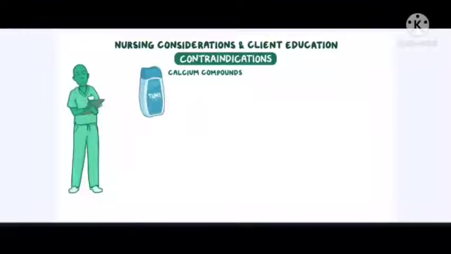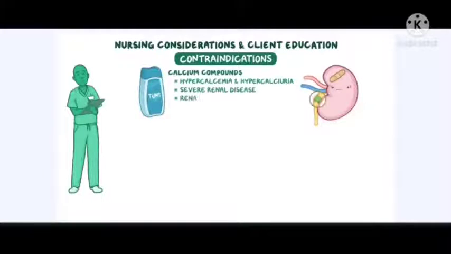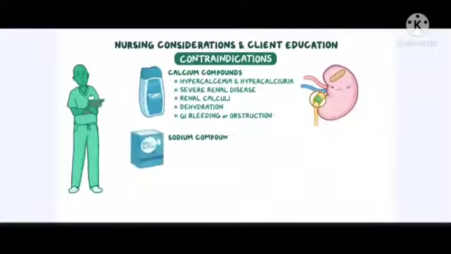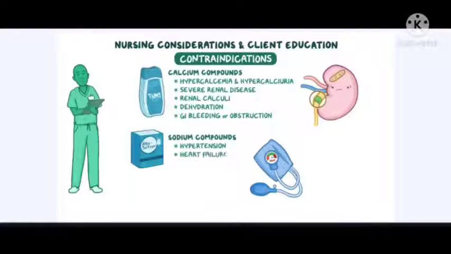Calcium compounds are contraindicated in clients with hypercalcemia and hypercalciuria, severe renal disease, renal calculi, dehydration, and GI bleeding or obstruction. Finally, sodium compounds should be used with caution in clients with hypertension and heart failure.